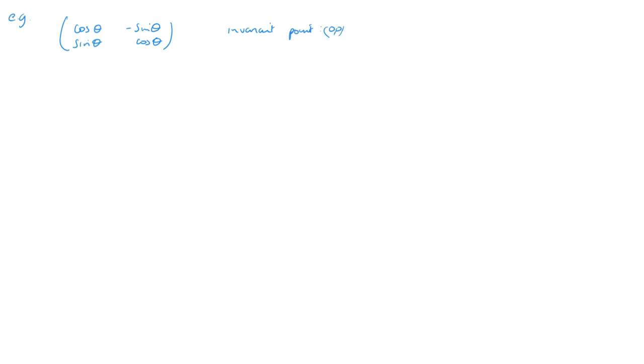That's the only invariant point. When theta doesn't equal 180, so it's a different rotation, there are no invariant lines. When theta equals 180, then any line passing through the origin is an invariant line, and that's it. Okay, this general formula is given in the formula booklet.